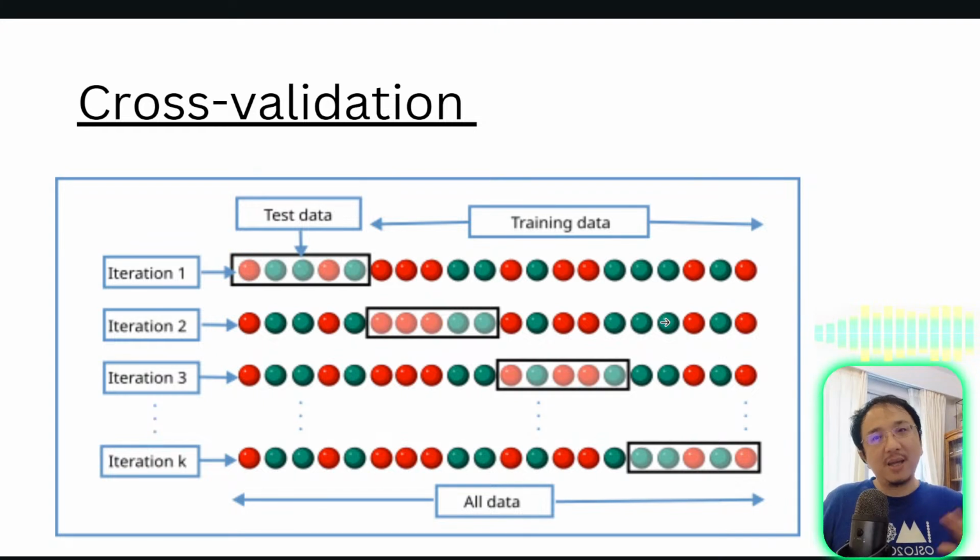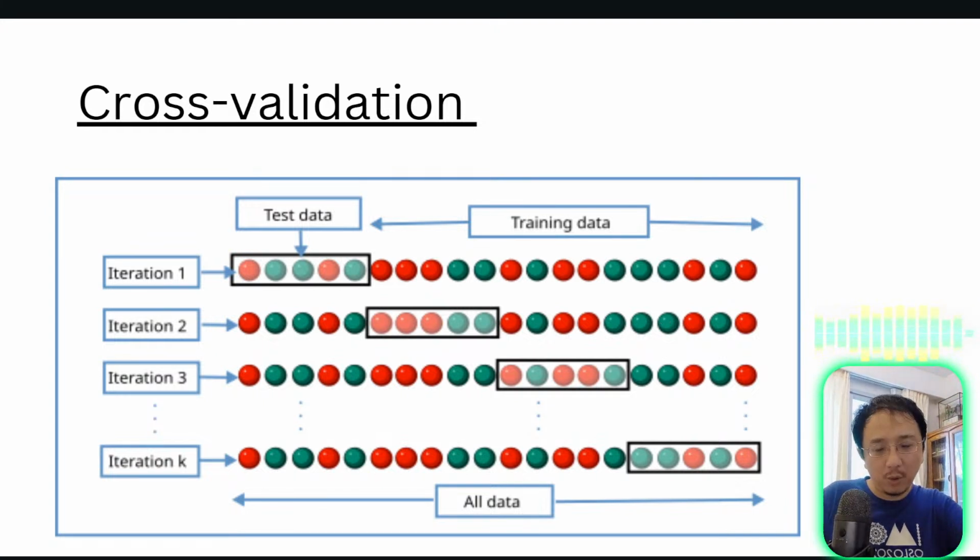In this case, there are two benefits compared to just picking one validation set. The first is that it is more fair, because sometimes when we pick the validation data, we are just getting lucky or unlucky. So the validation data is not that representative. Its performance may be too good or too poor.